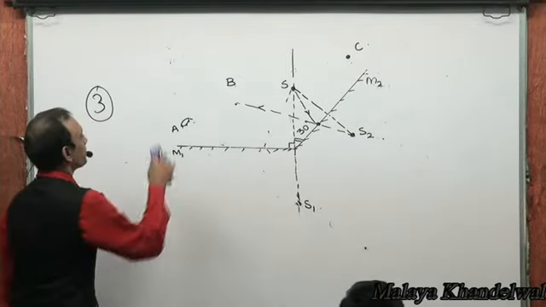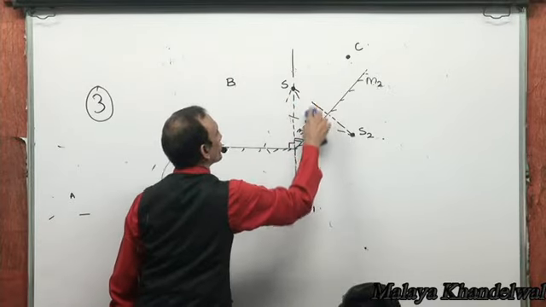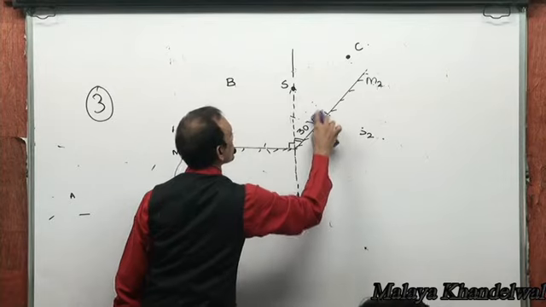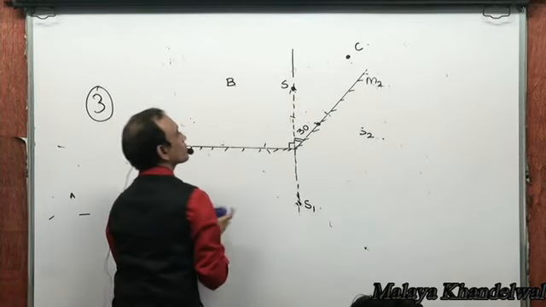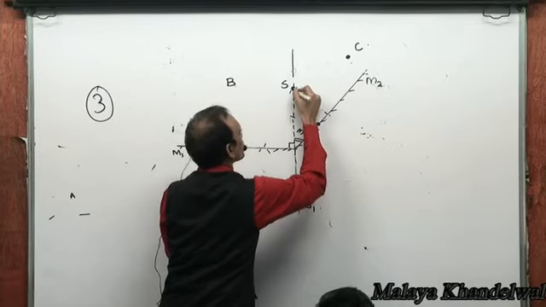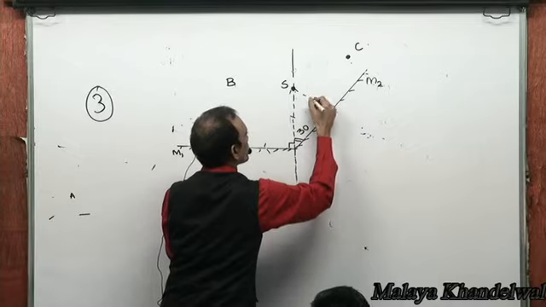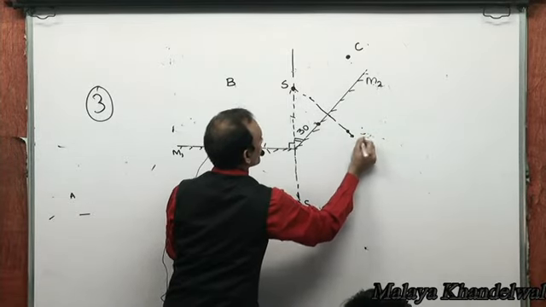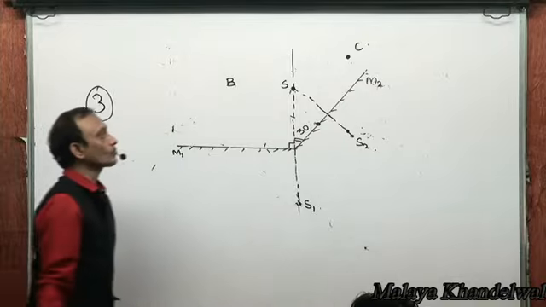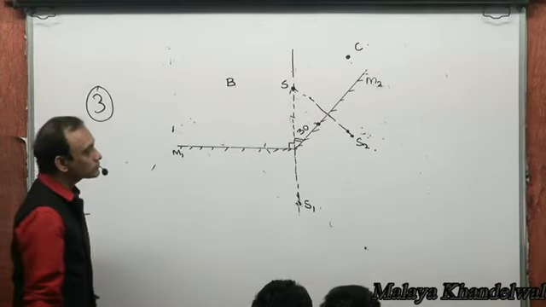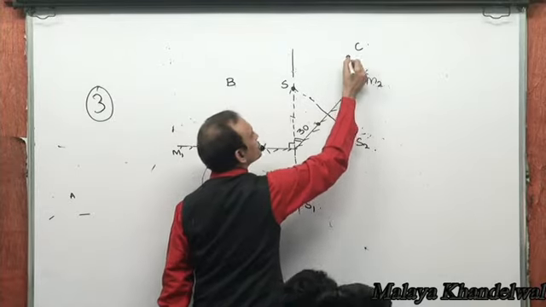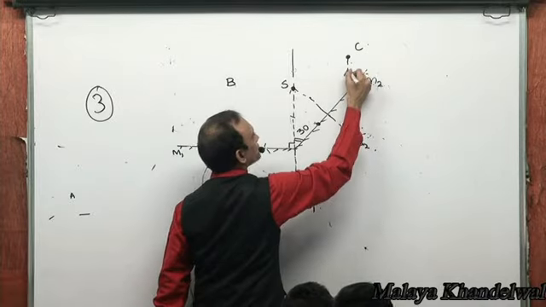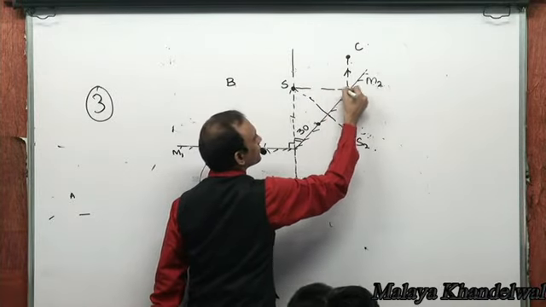So far so good, right? This is S2. Yes, C will see S2 for sure, because I can conceive of a reflected ray like this, which seems like coming from S2.